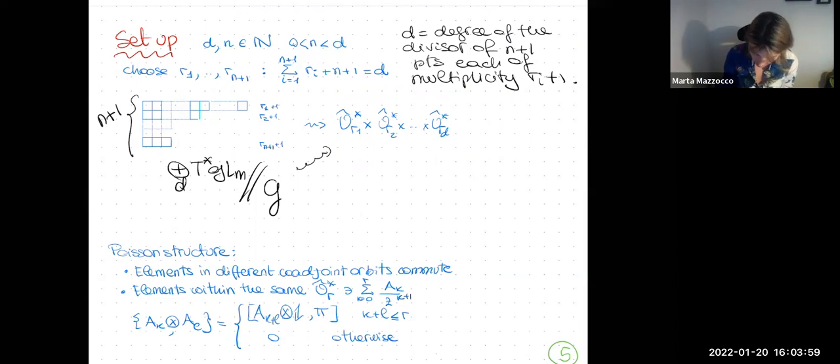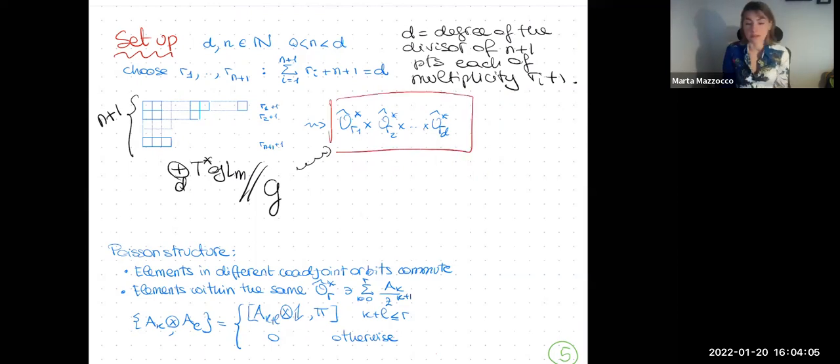This space, the product of coadjoint orbits, is very nice. It has a Poisson structure, the standard Poisson structure, the Kostant-Kirillov construction, if you want, that you can put on the product of coadjoint orbits. And I briefly describe this structure here.